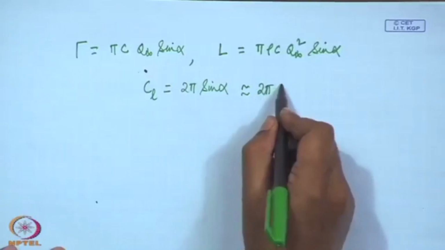More than 95% of its total flight time, the angle of attack of an aircraft is usually of the order of 1 to 2 degree, which is quite small. And for such small angle of attack, we can make an approximation which is 2 pi alpha.